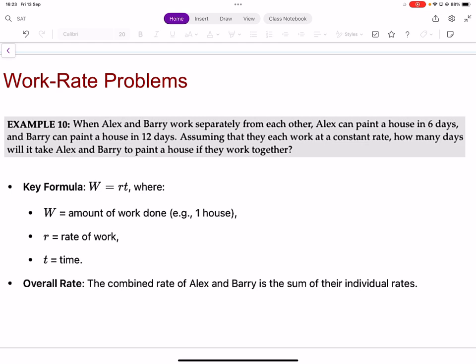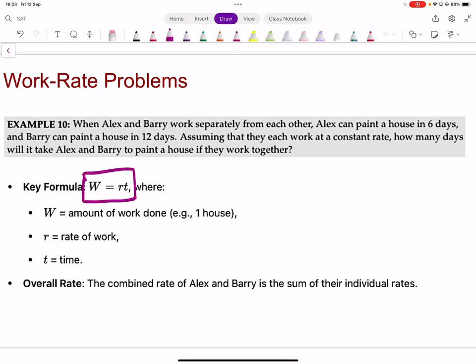This is the formula that we have. W equals RT. Okay? W represents amount of work done, R is the rate of work, T is the time taken. The combined rate is the sum of their individual rates. Right? One rate was 1/6, the other was 1/12. If you want to find the combined rate, we just add them up together.